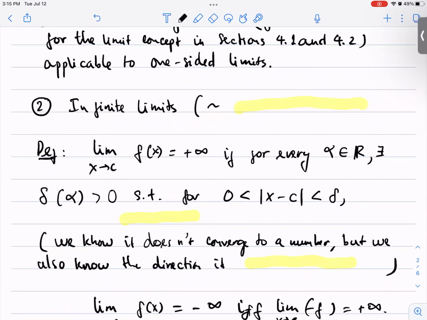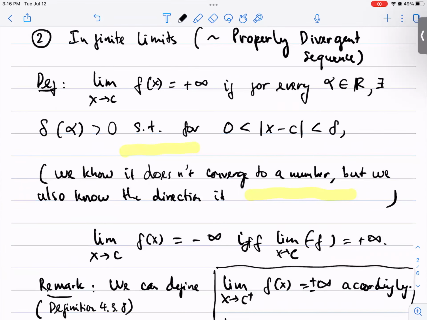Now, the next extension of the limit concept is about the infinite limits. So this is corresponding to properly divergent sequence that we discussed at the end of the previous chapter.